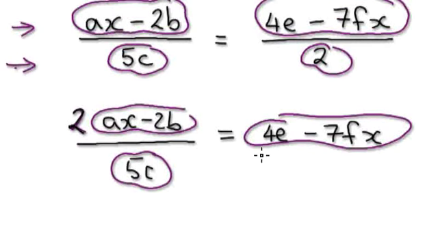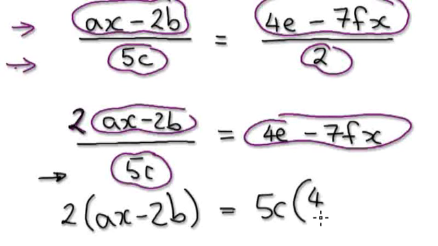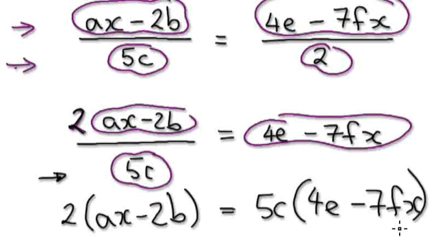And now times both sides by this bottom bubble here, so you will have one layer. So when you times both sides, on this side you will have 2 bracket ax minus 2b close bracket. On this side you have 5c bracket 4e minus 7fx, and then close it. So all we've done is move this across here.